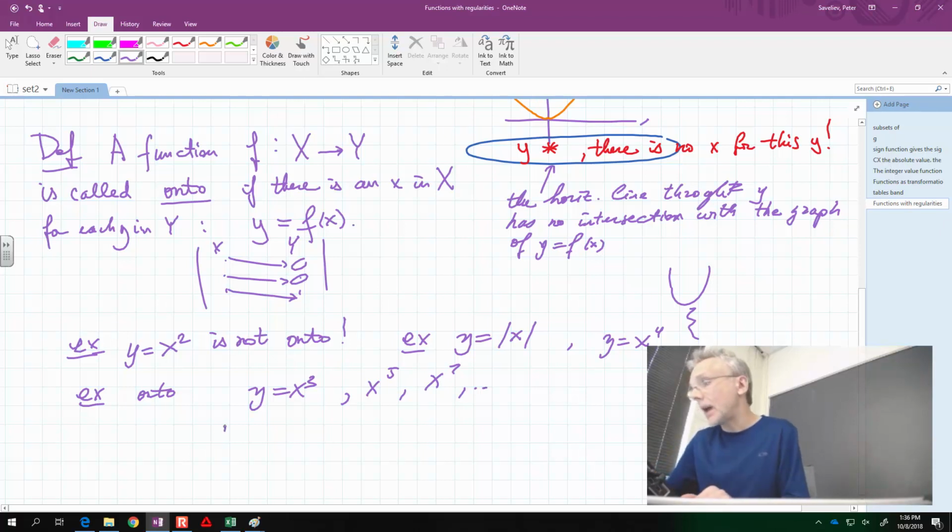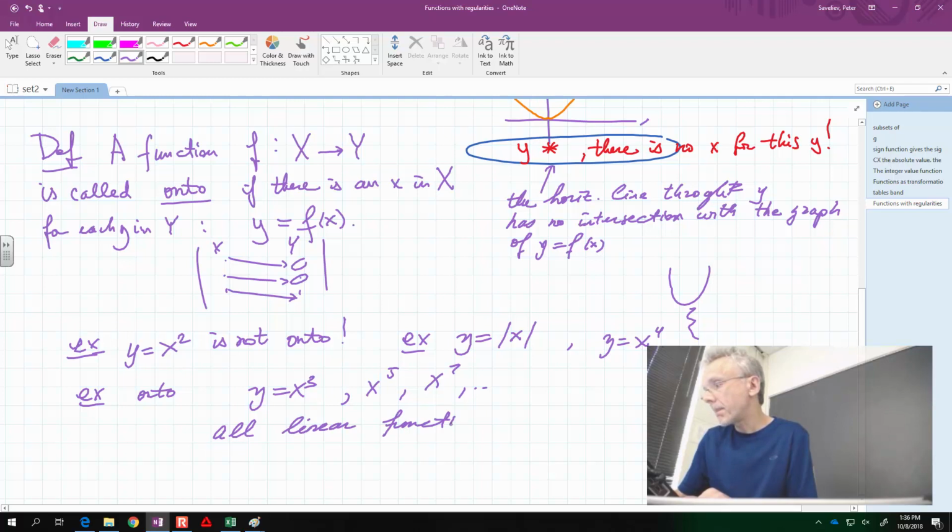Let's not forget probably the most immediate example, all linear functions, or the way I put it, linear polynomials. All linear polynomials are onto, but not constant ones.